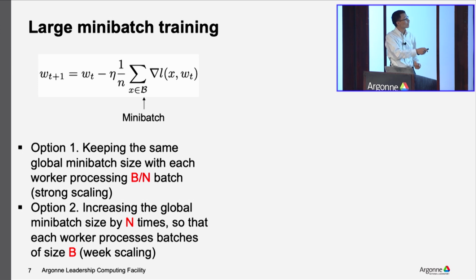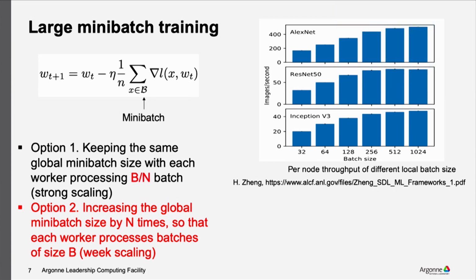So this is called large mini batch training. Basically, if I have n workers, I will increase the global batch size by n times. And we choose the second one mainly because, in the strong scaling case, if I have more and more workers, then the work is smaller and smaller.